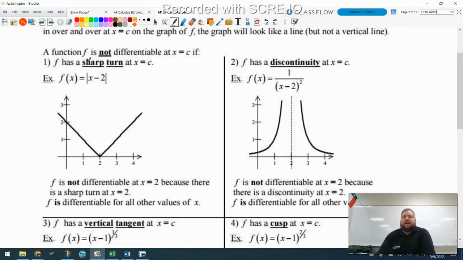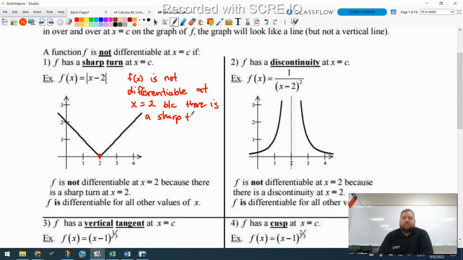A function like an absolute value function is a good example. If a function has a sharp turn right there, then I would be able to say f of x is not differentiable at x equals 2 because there is a sharp turn there.